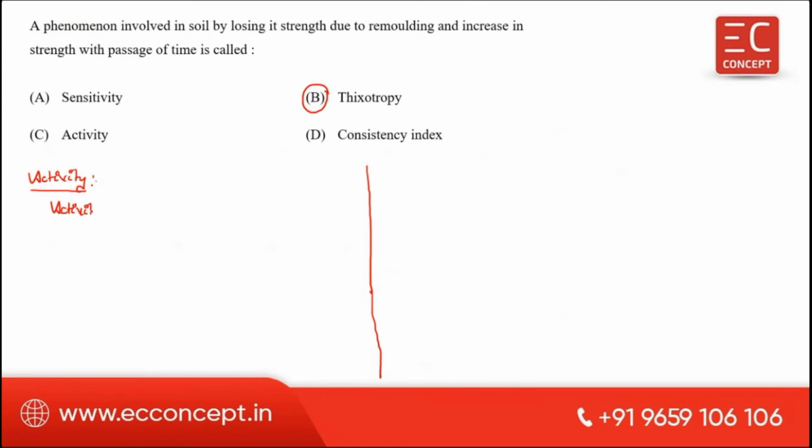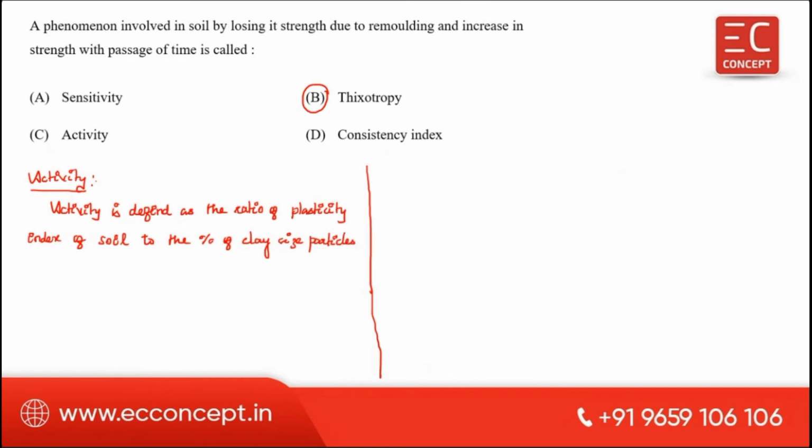Activity is defined as the ratio of the plasticity index of soil to the percentage of clay size particles present in the soil mass.